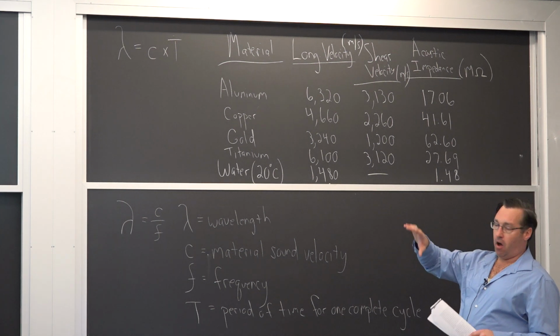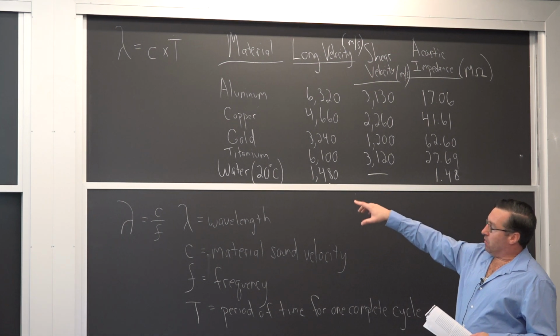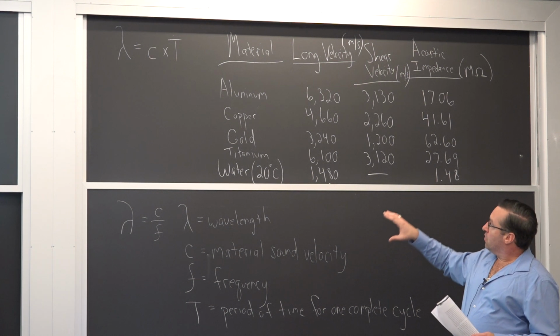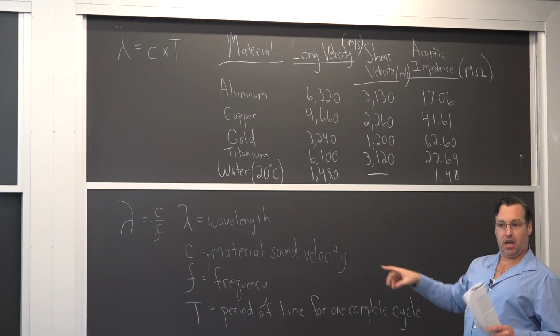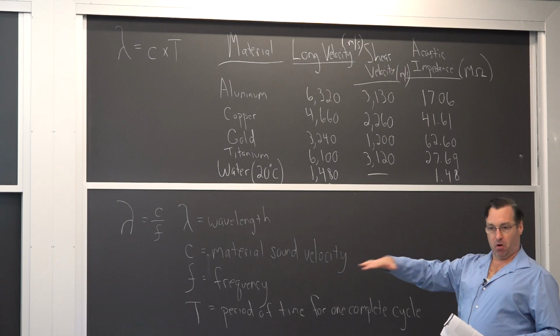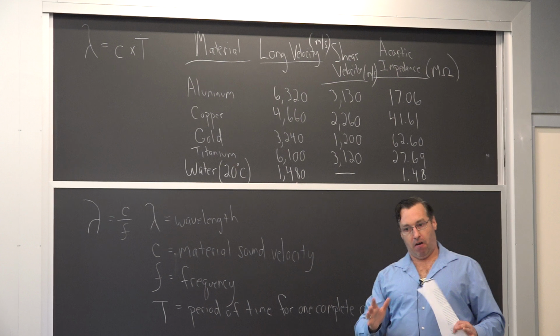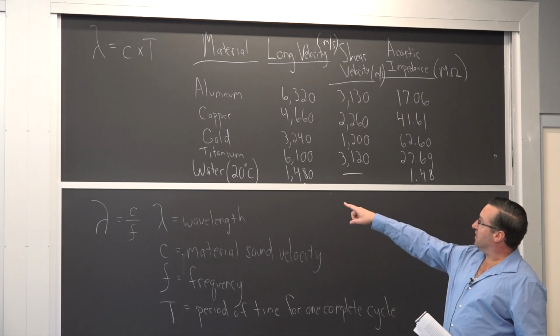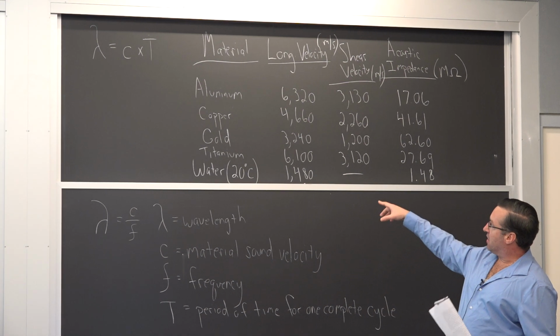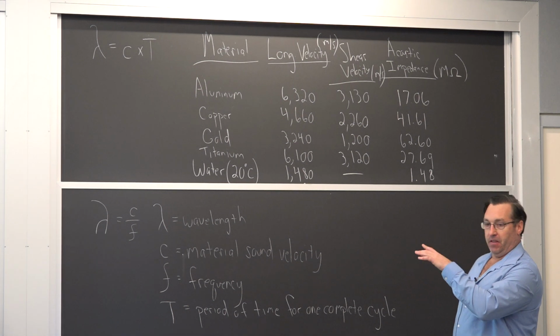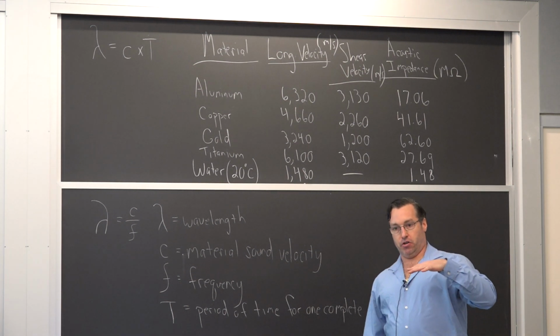We'll see in some later slides, for ultrasonics, initially, a lot of the ultrasonic techniques came about where the part was immersed in water. So we're talking about calibration and reference standards. What you'll typically see is water at 20 degrees Celsius used as that reference. In some of the later images, I'll show you these immersion baths.